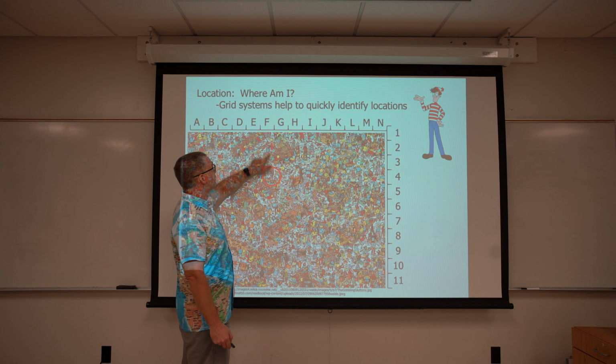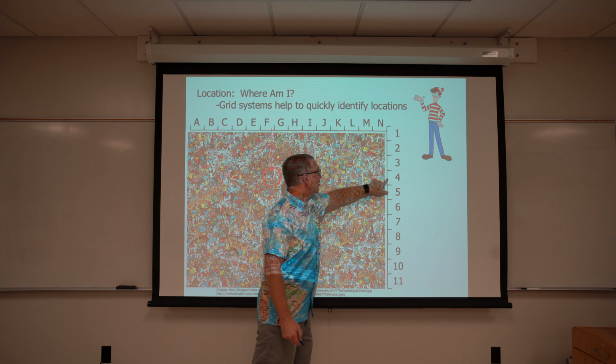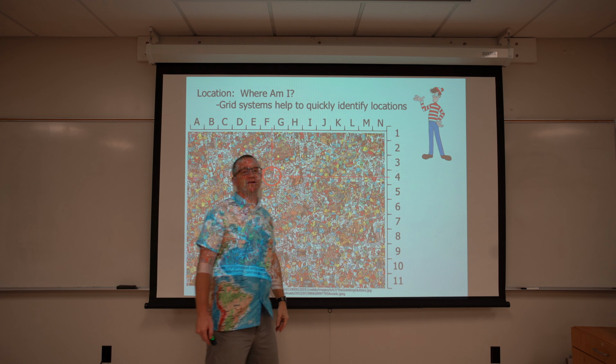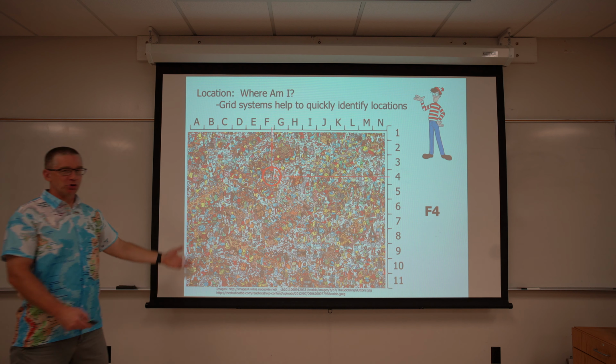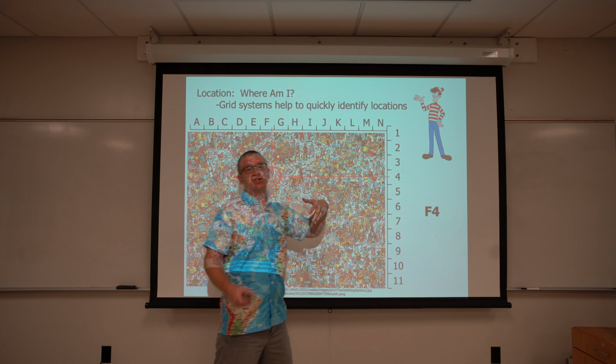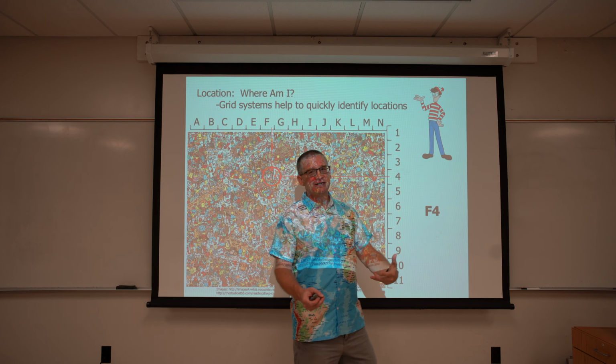If you look on yours at F4, that's where he is. And so Waldo in this case is at F4. So that's just an example of how we can use a grid to pinpoint location very easily and quickly.